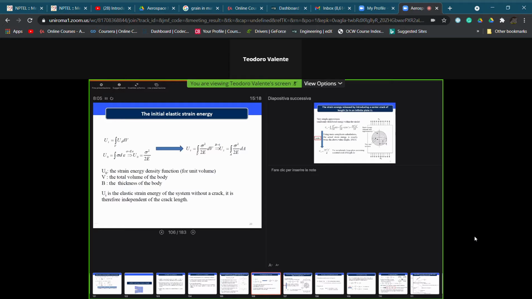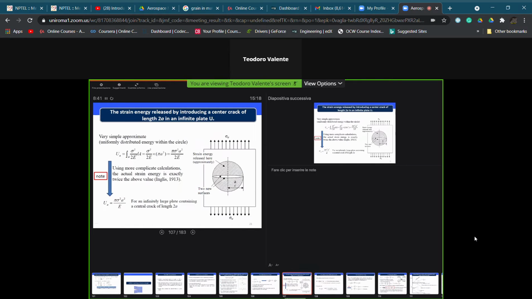And so we can write, for example, if we consider that the thickness is 1, that the integral of sigma square divided by 2 times the Young modulus on the volume is just the integral of the sigma square divided by 2 times the Young modulus on the area of our specimen, B being the total volume of the body, and B the thickness of the body.